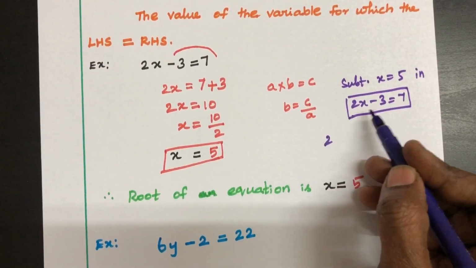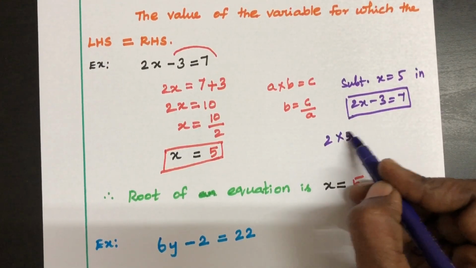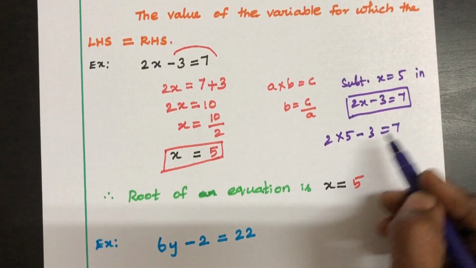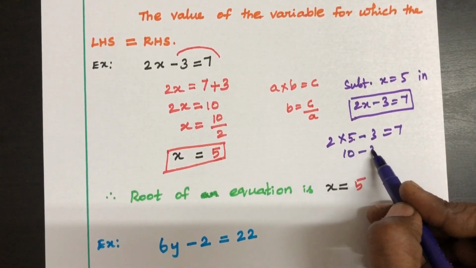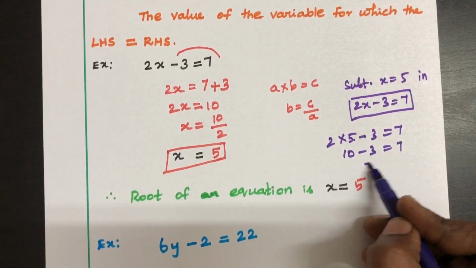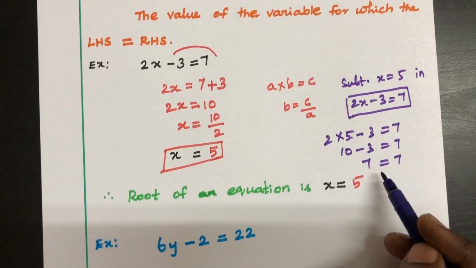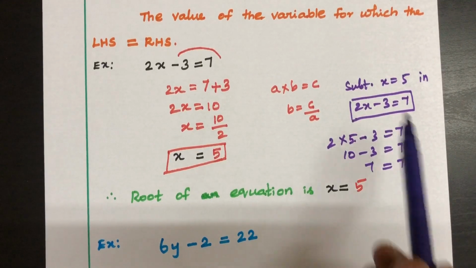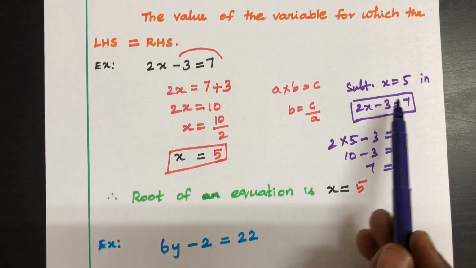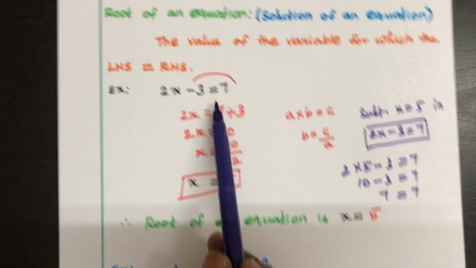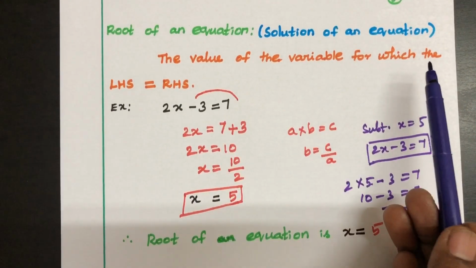So 2 instead of x, substitute 5, minus 3 equal to 7. 2 fives are 10, minus 3 equal to 7. 10 minus 3 is 7, equal to 7. So LHS is equal to RHS. So x equal to 5 is the root or solution of the equation.